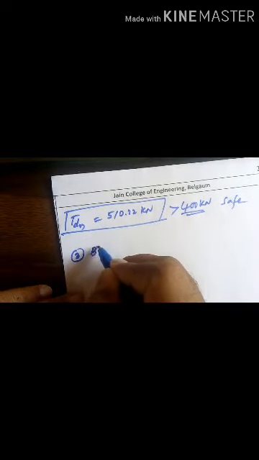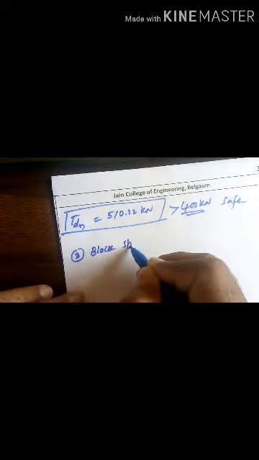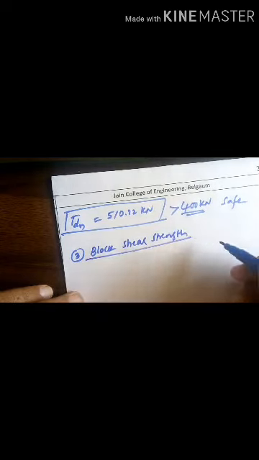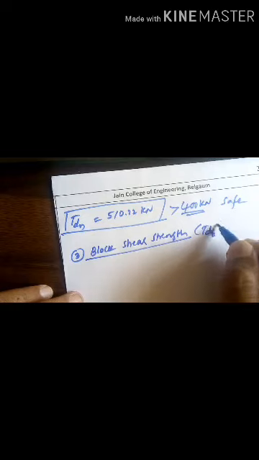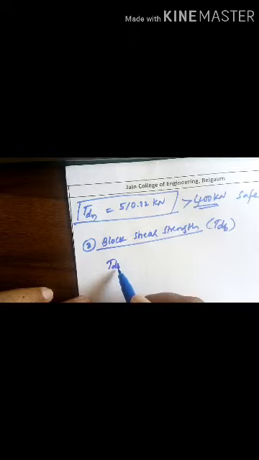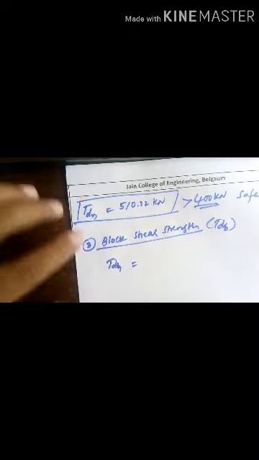Next is block shear strength, that is Tdb. We are doing the check due to block shear strength. We have the Tdb1 and Tdb2 formulas.